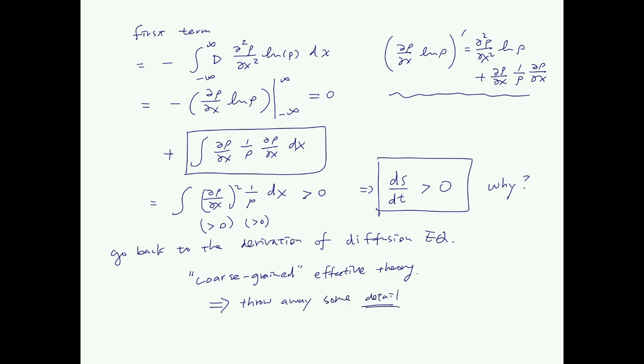You just perform an average. Remember that this diffusion constant comes from the expansion, and you also have to integrate over your probability density. So basically you forget about some detailed information.